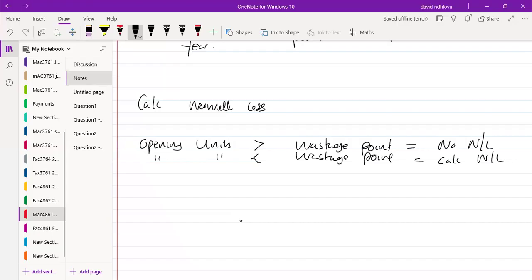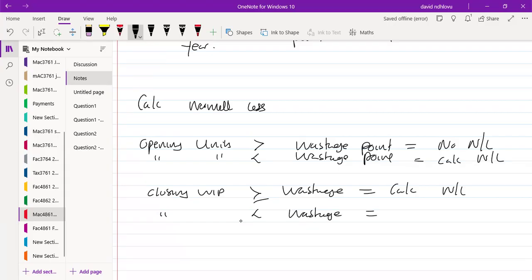That's for opening inventory. For the closing WIP, for closing units, if it is equal to or above the wastage point, we calculate normal loss. If it is less than the wastage point, there is no normal loss. So that is what you need to remember.